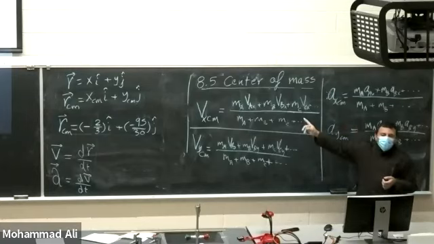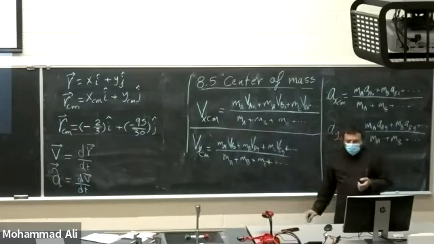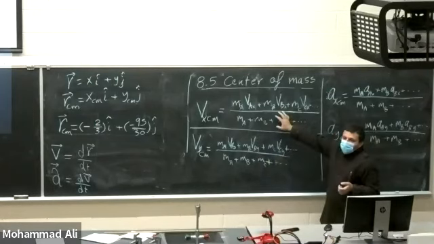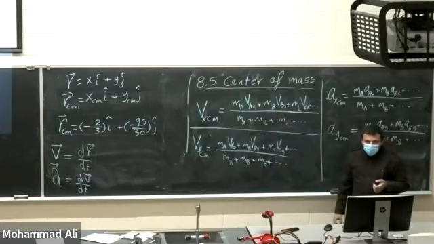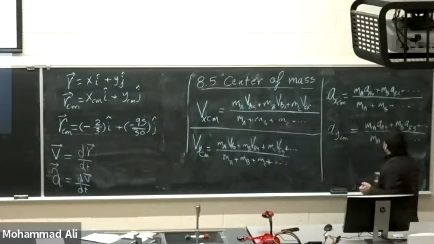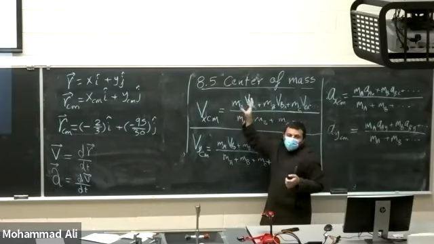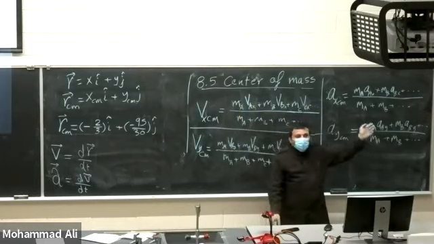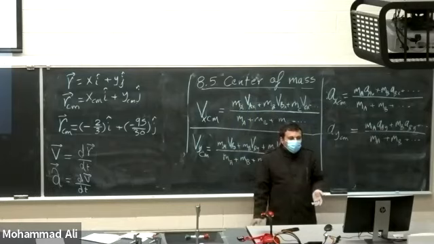Now, from before, we saw the x center of mass and y center of mass, and we solved an example. Any question about the velocity and acceleration for the center of mass? We just use the velocity in the place of the position and the acceleration in the place of the position. It is just a time derivative.